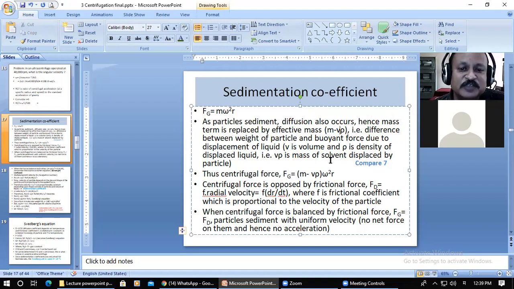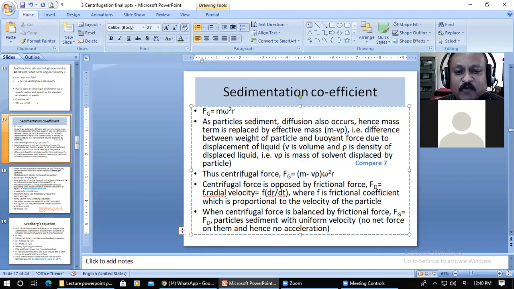So mass minus the mass of the liquid which is getting displaced is called the effective mass. It is the difference between the weight of the particle and the buoyant force due to the displacement of liquid.